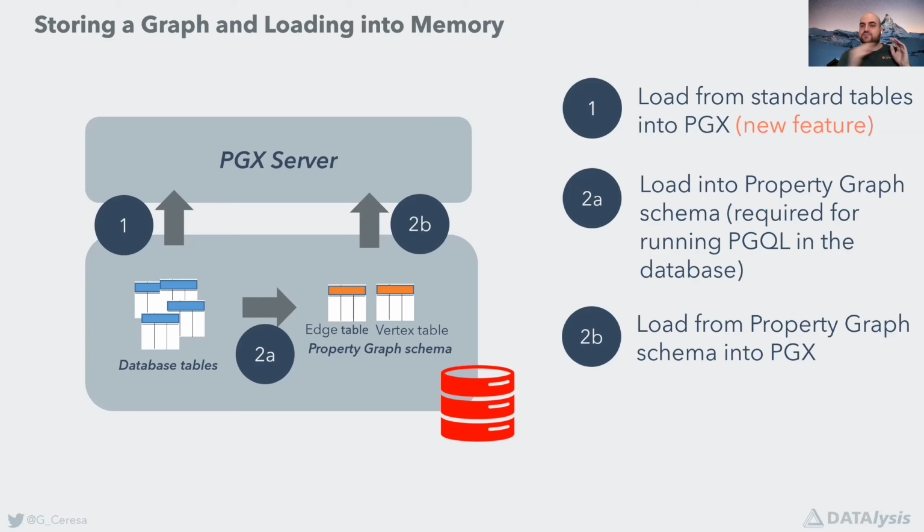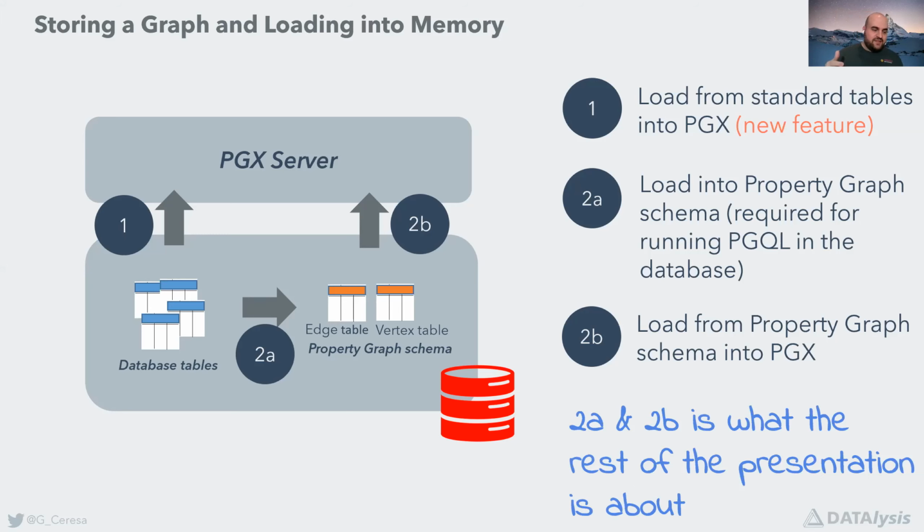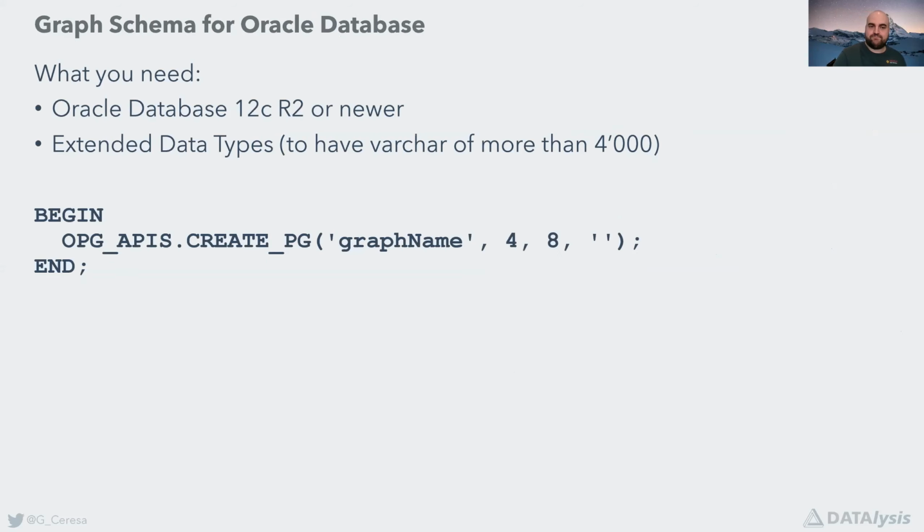So it's a kind of two-step movement: from source to the property graph schema, from schema to PGX. And these 2 steps are what we are going to do today. So right now, in the next, I guess, 20 minutes, not 30 minutes, sorry, I'm going to do the 2-step way. First, creating the graph schema and then loading it and using it.